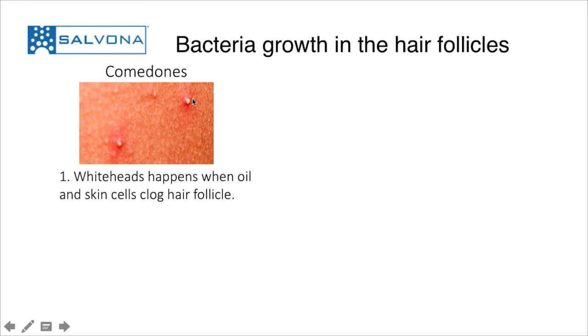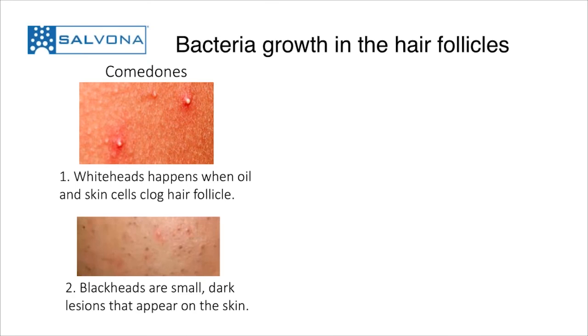The white spot that you see is a result of excess oil. The second group are the blackhead comedones, in which the blackheads are typically the result of oxidized fatty acid or accumulation of melanin.